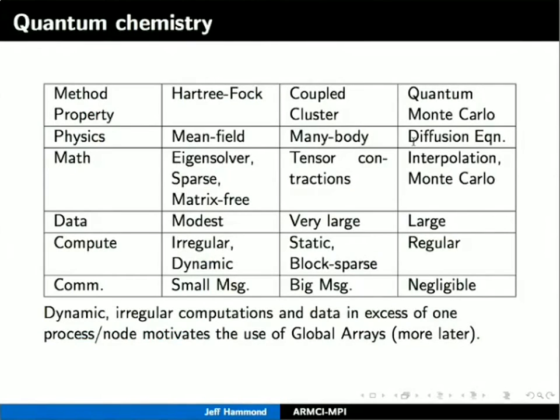but we see that despite different physics and different mathematics, they're all either somewhat large data or irregular. If we look at the Hartree-Fock method, there's an IPDPS paper from 2013 by Edmond Chow and Jeff Hammond that has very nice work.